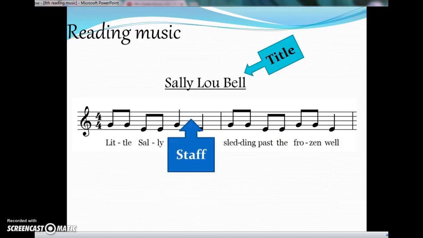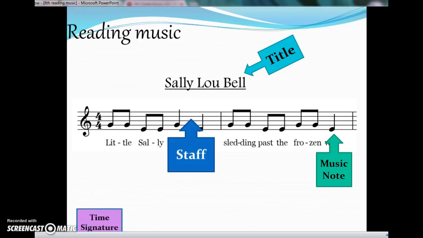We also have the staff that has 5 lines and 4 spaces. The staff is where music notes are written. We also have music notes, which show us the length, how many beats it is, and the pitch of the note. So now, music notes are going to tell us how many heartbeats they have, and if it is a G or an E, a high or a low sound.